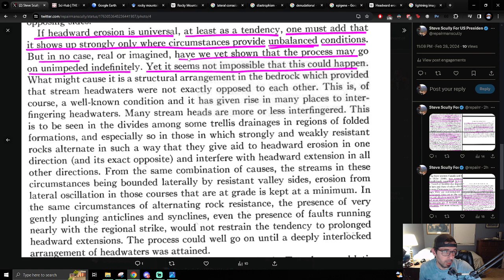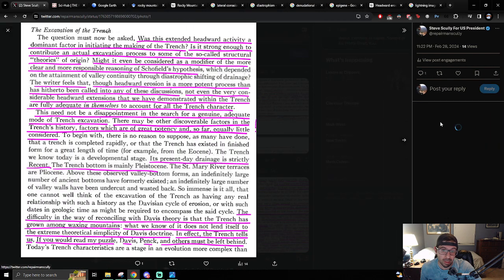But in no case, real or imagined, have we yet shown that the process may go on unimpeded indefinitely, yet it seems not impossible that this could happen. And this, I guess, is why the trench is so long, is what he's getting at. Highly pressurized currents in the right circumstances could go on at what seems indefinitely for the entire Rocky Mountain Trench.